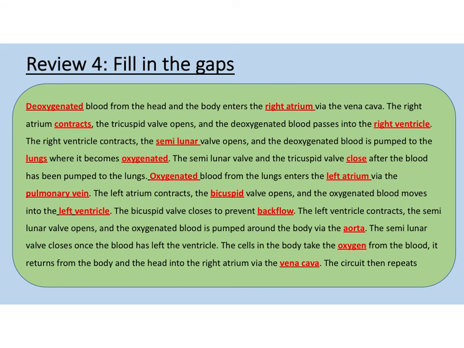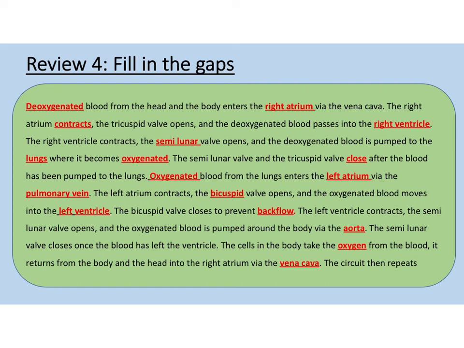Okay, so here are the answers to the word fill. So I'll read the whole paragraph out, and the words in red are the correct answers. So deoxygenated blood from the head and the body enters the right atrium via the vena cava.